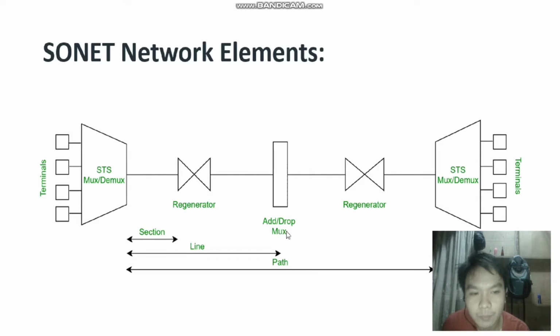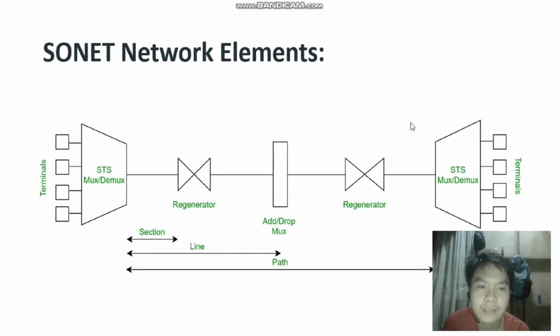In the add or drop mux, you can add or drop your signals. Then after the add or drop mux, we go again to the regenerator, with the same function as the previous regenerator. It is a repeater that takes the signal from the add or drop mux and regenerates its signal by increasing its strength.